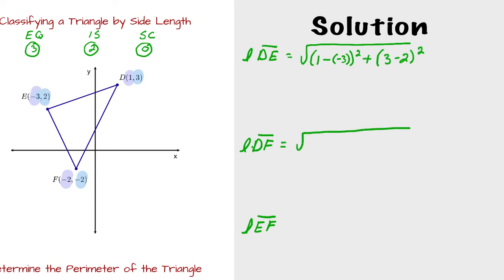And now I'm going to go D to F. So now looking at my X coordinates at D, again I've got 1 minus -2, double bracket, square it, plus the change of Y, which is 3 minus -2, double bracket, and squared.